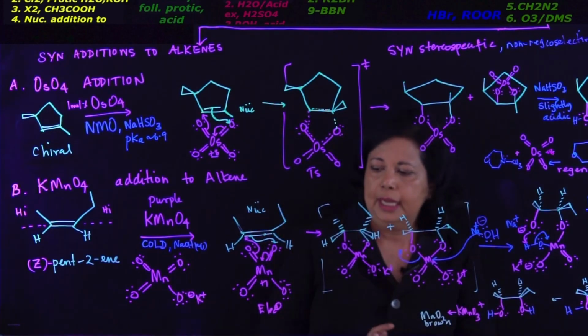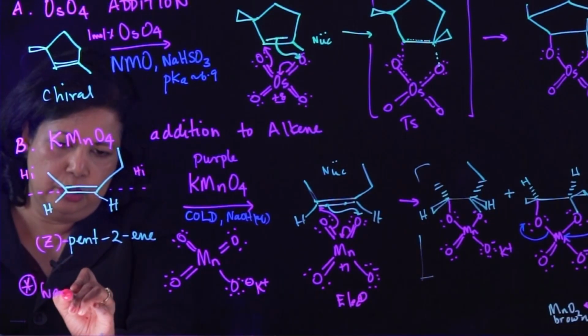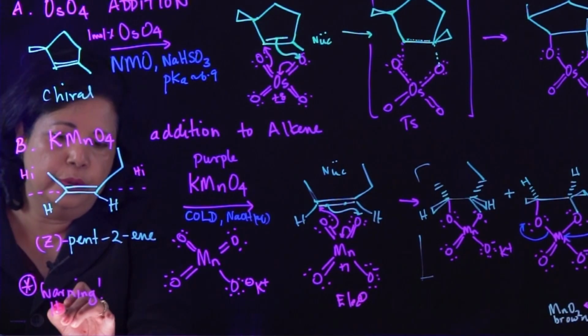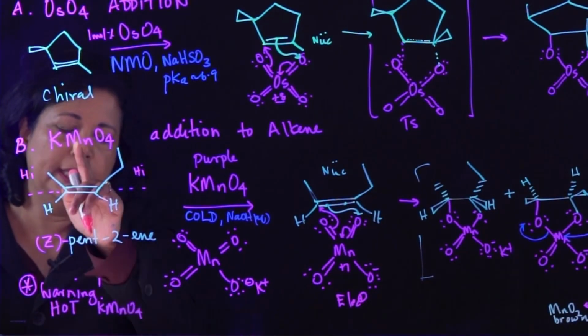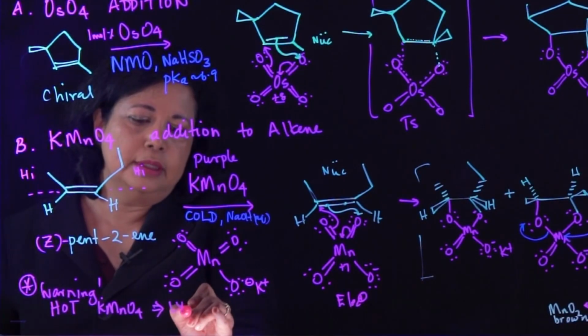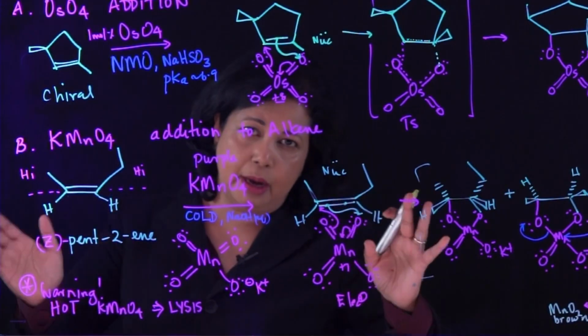So warm KMnO4, I'm going to put warning. This is your Surgeon General's warning. Hot KMnO4 is going to break that up and oxidize, lyse the bonds, lysis. Going to lyse the bonds and give you carboxylic acids.